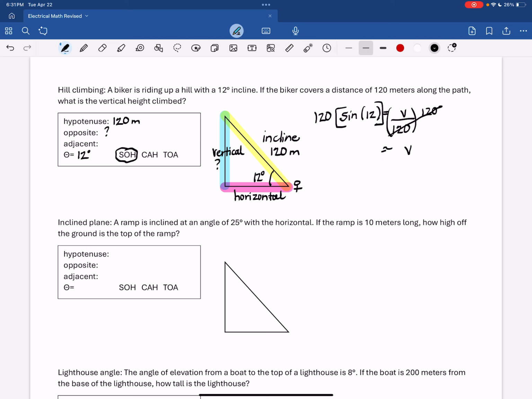So it is about, and I didn't tell you the rounding rule on this one. Let's round to thousandths on this page. Excuse me, thousandths. Thousandths is 3 decimal places. So this would be 24.949, and this is meters.